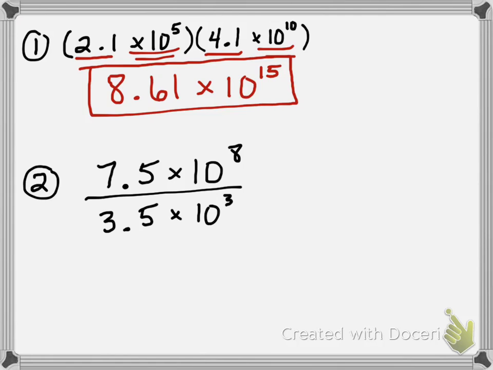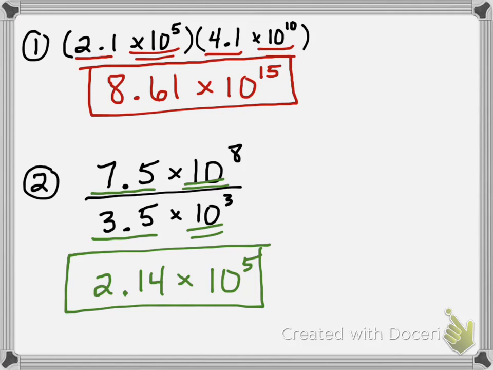The second one, I'm going to divide 7.5 divided by 3.5. That gives me 2.14, rounded. Then I divide the tens. 10 to the 8th divided by 10 to the 3rd is 10 to the 5th.